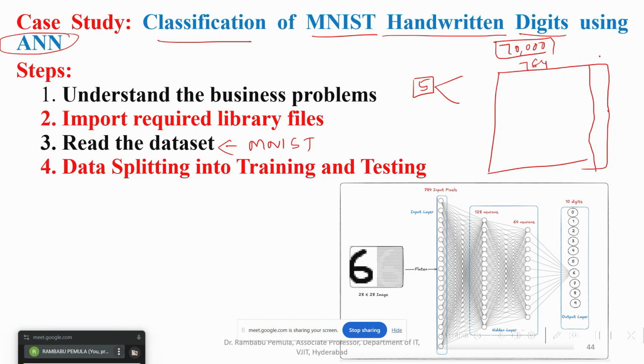There are corresponding class labels, y cap or y. Out of the 70,000 images, we are dividing them.